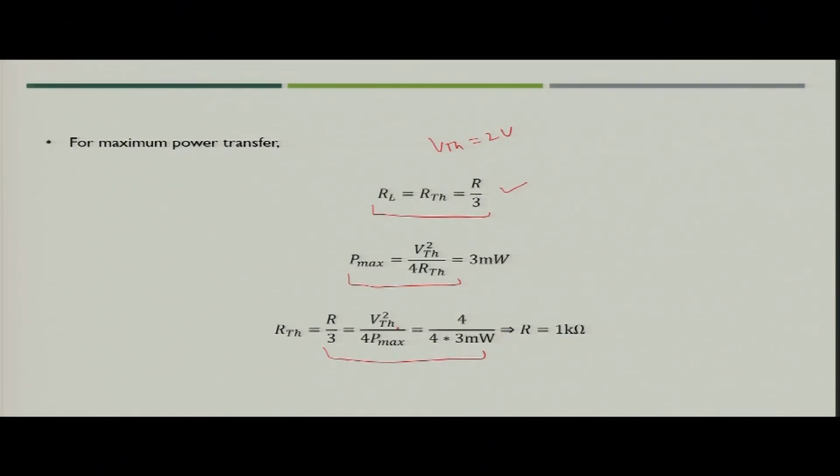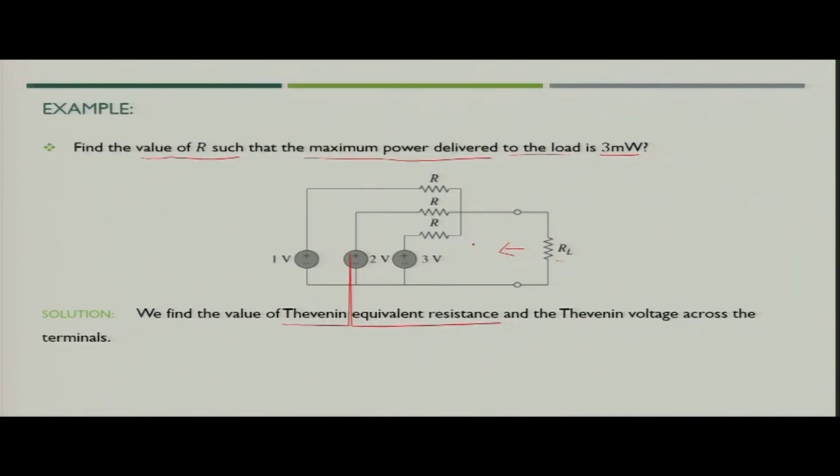Using this equation you can simplify and you get the value of R as 1 kilo ohm. This will help you find the value of the unknown resistance R in the circuit, which will make sure that the load connected to that circuit gets 3 milliwatt of power.